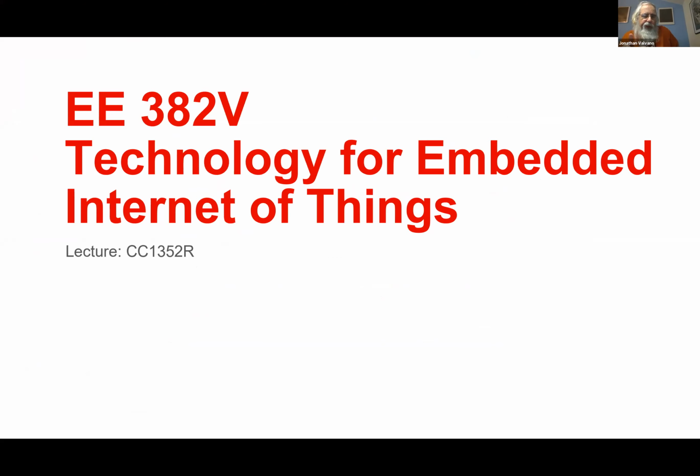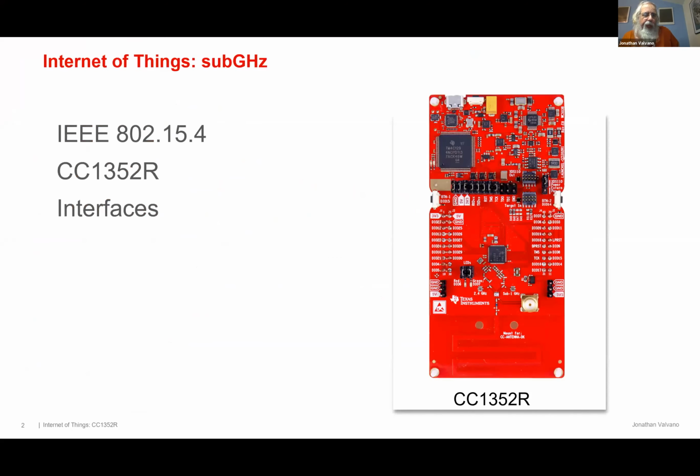The CC1352 embodies really all of the 802.15.4. The HC12 that we did, the other one, is really a subset. It's in the same general field of a sub-gigahertz platform, but not a full protocol.